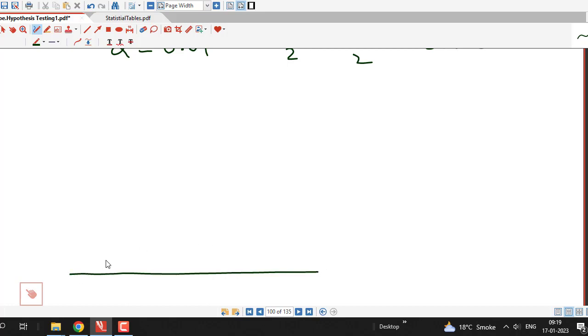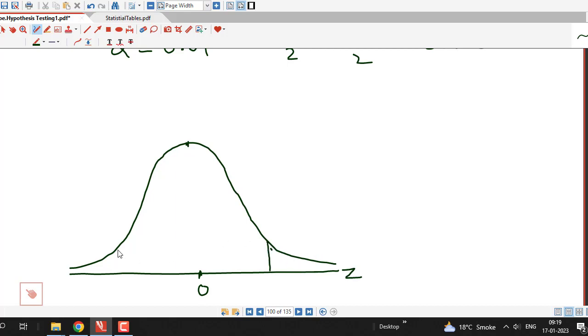Therefore its graph will be approximately standard normal curve, and we are familiar with the shape of standard normal curve. It is a bell shaped curve, and this peak is at the center. These are the values of Z, and we are dividing area alpha into two sub areas which are equal.